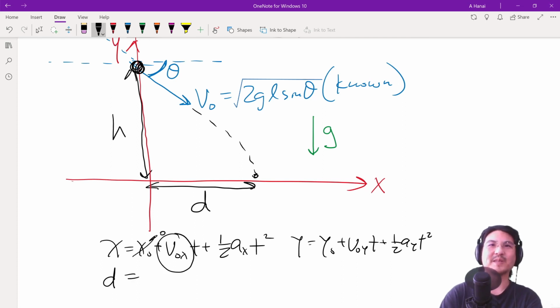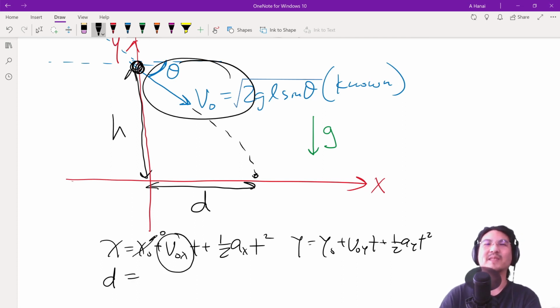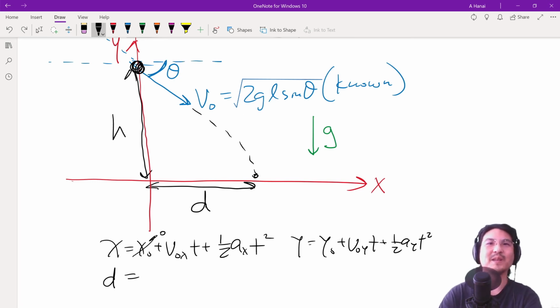What is the x component of the velocity? Cosine, right? So that's going to be v0, which is the square root of 2gL sine theta. I'll just write v0 cosine theta. And then ax is 0. In the y direction, y final lands on the ground, so that's 0.